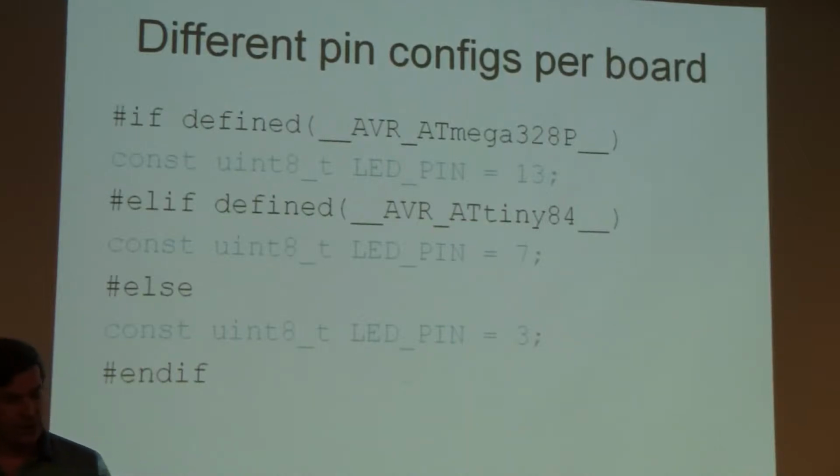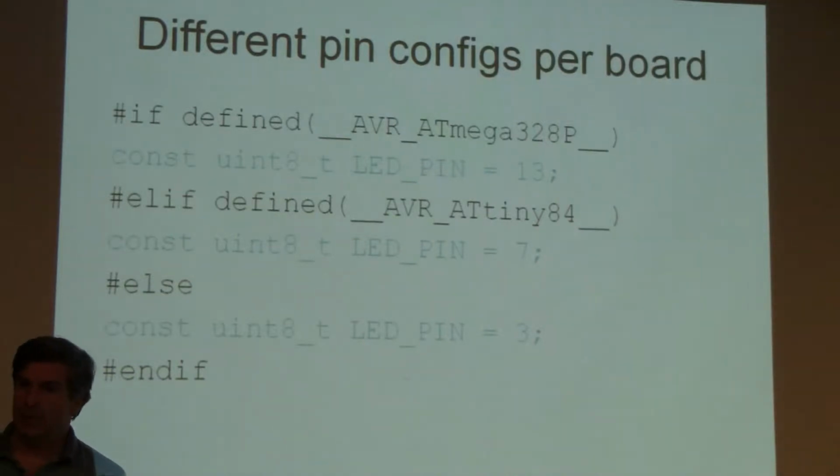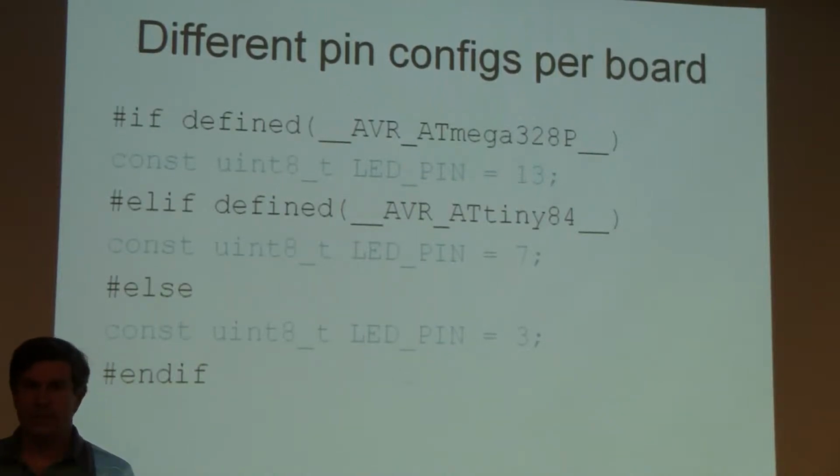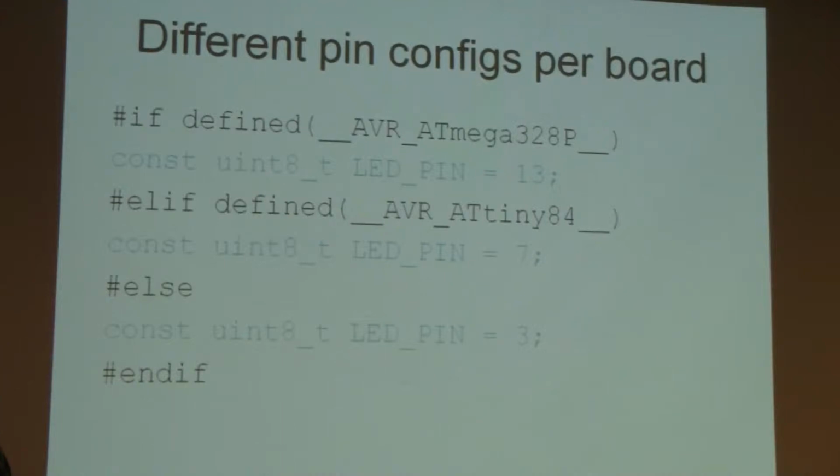One of the things that the Arduino IDE does is it sets up some definitions for you. And one of them is what kind of processor is on the board that you're compiling for. So when you select in the menu the board you want, it will define a bunch of things, and one of them is what kind of processor it is. And so that's what I usually do to distinguish between my project types.